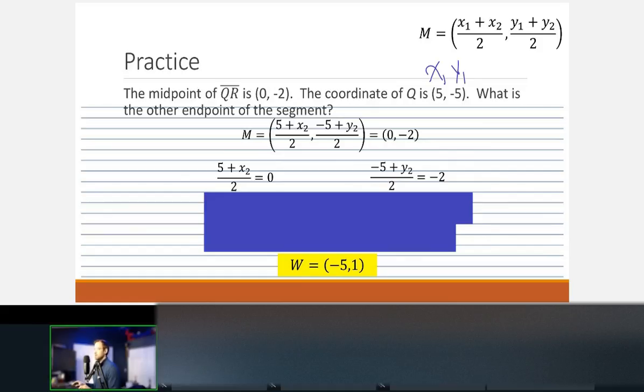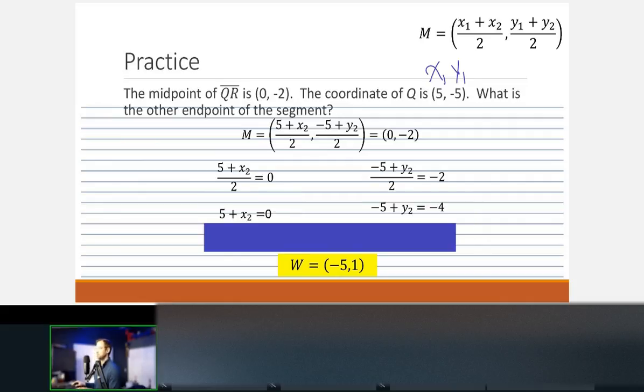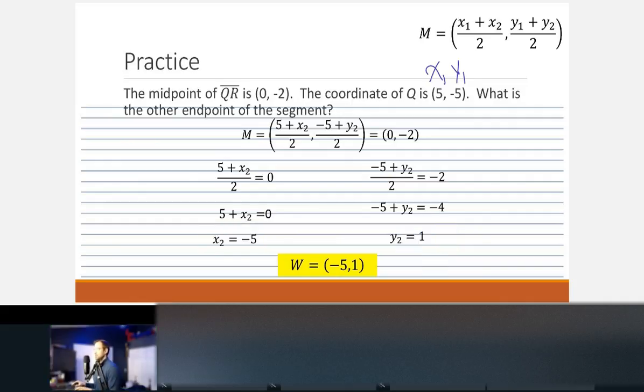So the x equals the x, and then the y stuff equals the y. Multiply both sides by 2. And then on the left, we subtracted 5 from both sides. And on the right, we added 5 to both sides. And that's how we get that.